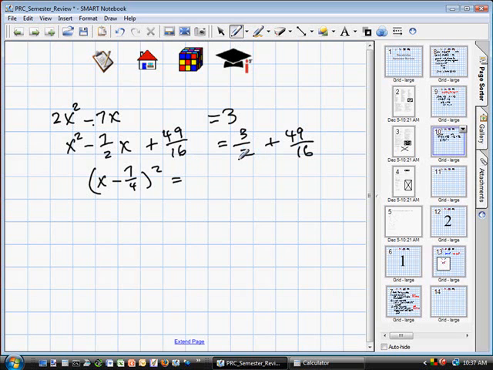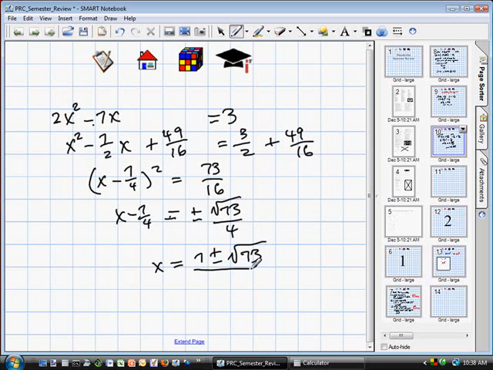Let's see, that's 24/16 plus that, 73/16. Okay, technique 1. Everybody follow what I did there?